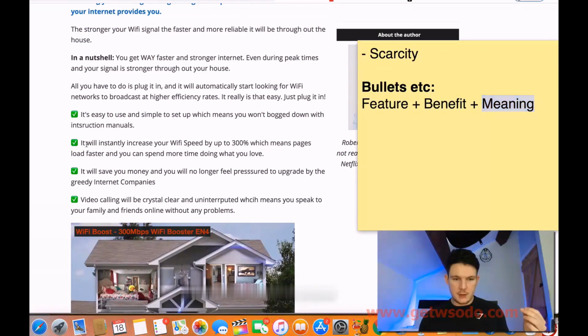So for instance, in this one, it will increase your Wi-Fi by 300%. That's the feature, which means pages load faster, which is the benefit, and you can spend more time doing what you love, meaning. So you can have a play around with that and think, well, what is the feature, what is the benefit, what is the meaning? And it gives you some copy, and that works really well in articles like this as well.